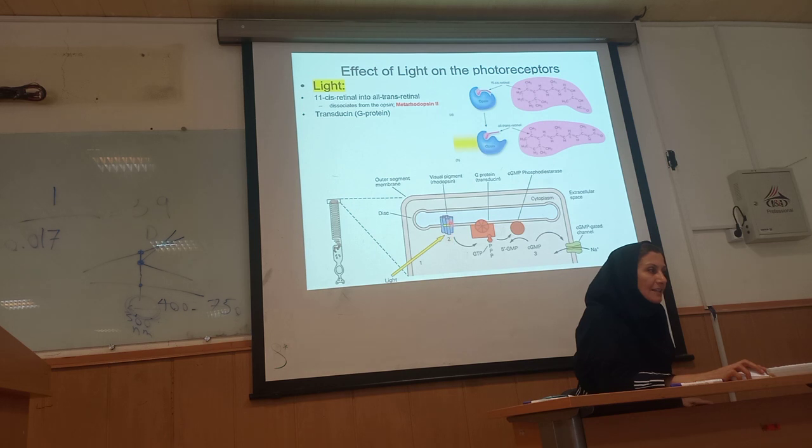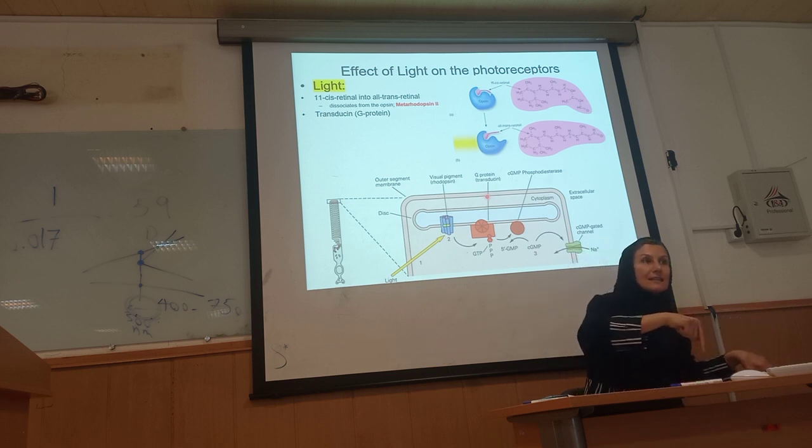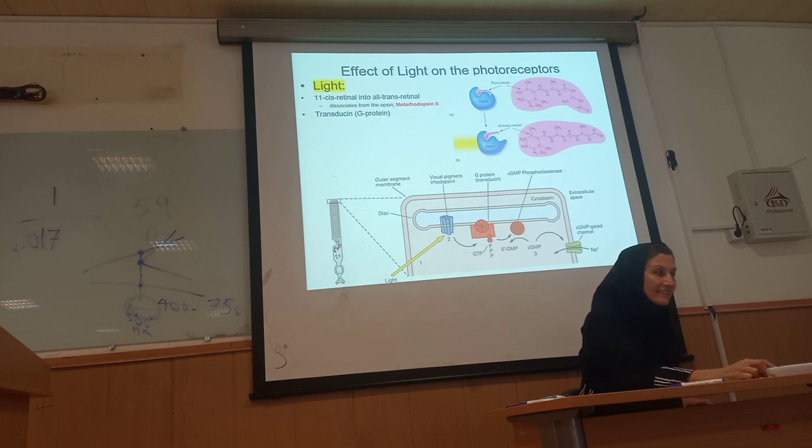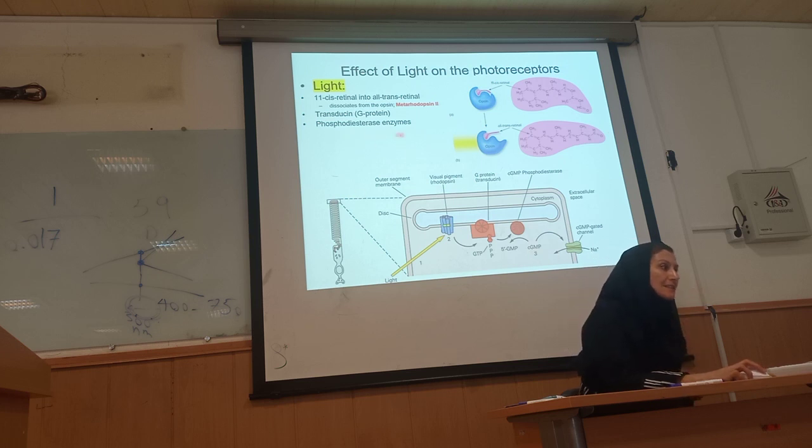The activated visual pigment meta-rhodopsin reaches a G protein called transducin and activates this G protein. Then the G protein activates one enzyme, which is in the cell membrane, membranous, not in the cytoplasm, called phosphodiesterase.